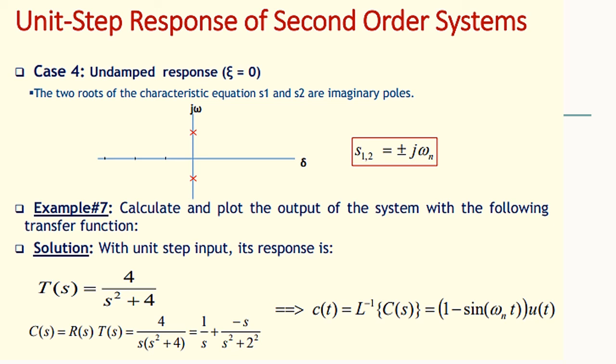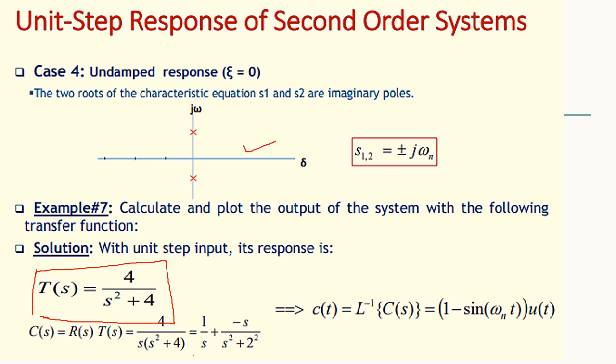And in the last case, the undamped response, when zeta is equal to 0, the system simply oscillates. From the characteristic equation, the roots S1 and S2 are imaginary poles as shown in the diagram. A simple example is T(s) equal to 4 divided by (s² + 4).